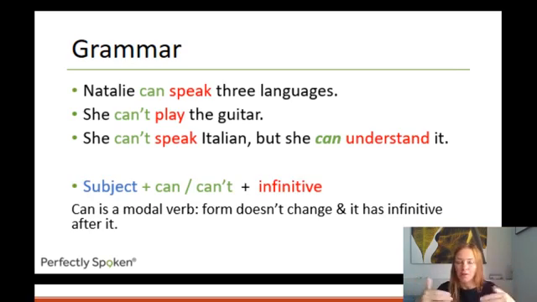Okay, so other verbs that work like this are should, would, will, may, might. They are all modal verbs. They don't change their form. In future lessons, we will look at these other verbs.